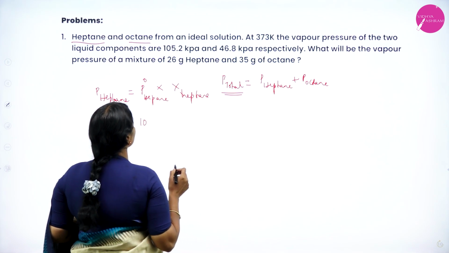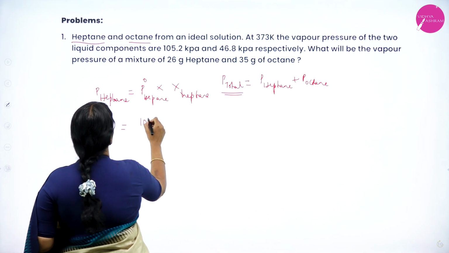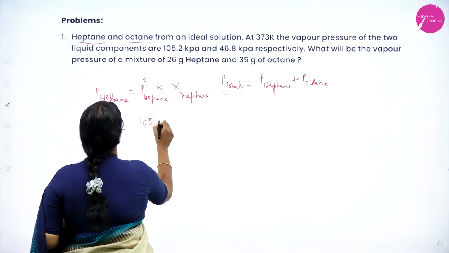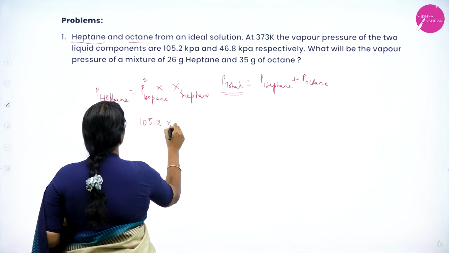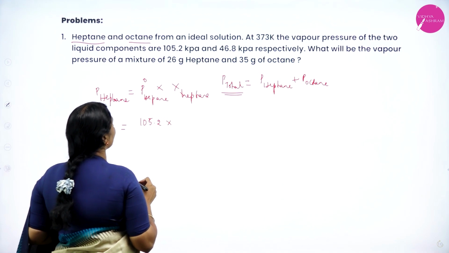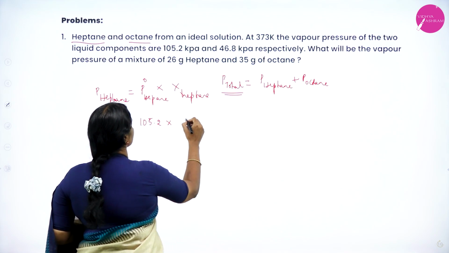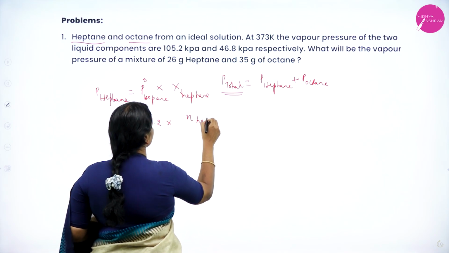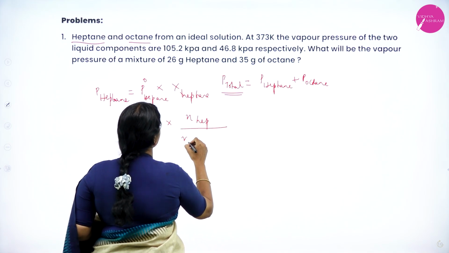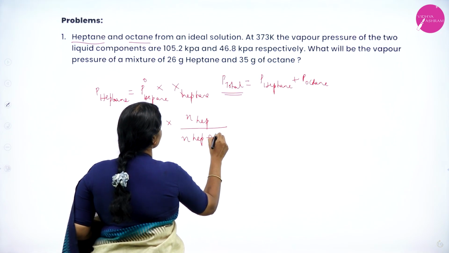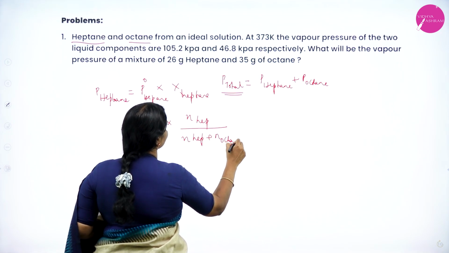What is the vapor pressure P naught of heptane? So the vapor pressure of heptane is 105.2 into the mole fraction of heptane. What is the mole fraction of heptane? Number of moles of heptane divided by the number of moles of heptane plus the number of moles of octane.